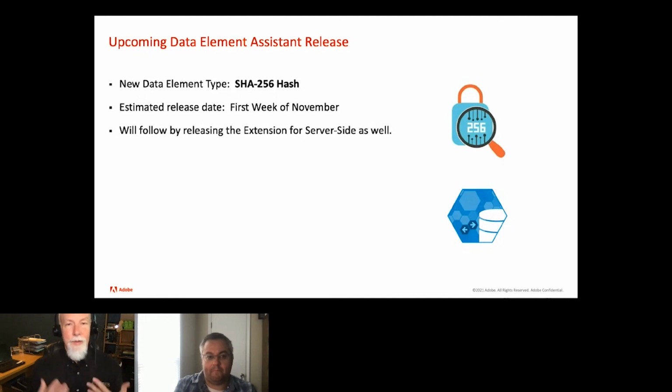So being able to do this on the server, I think, will be a big help that will make it easier for people to implement and get a lot of value out of this and provide value to your brands and to your customers. I don't know for sure on that one, but I would really like to see that we get that done before the end of the year. So keep your fingers crossed.